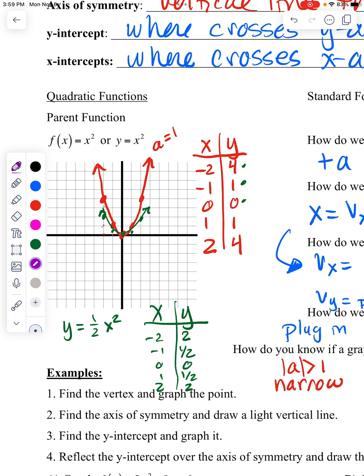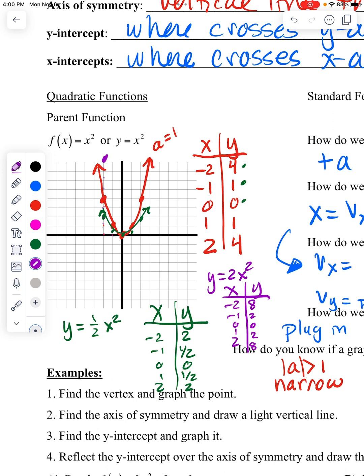Last thing, if I had done a 2 in front, all my x's are going to stay the same. But my y's are now, instead of just x squared, I'm going to be doubling my old answer. So this is an 8 and a 2 and a 0 and a 2 and an 8. So now at -2, I'm up 1, 2, 3, 4, 5, 6, 7, 8.